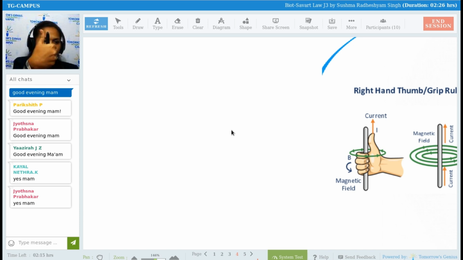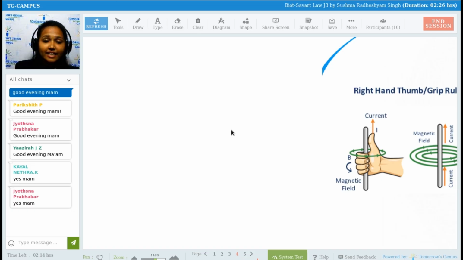See, this is into the paper. If my magnetic field is downward, then my current is out of the paper. That means it is leaving the paper. So the right hand thumb rule simply gives the direction of your magnetic field. Is this point clear to all of you?